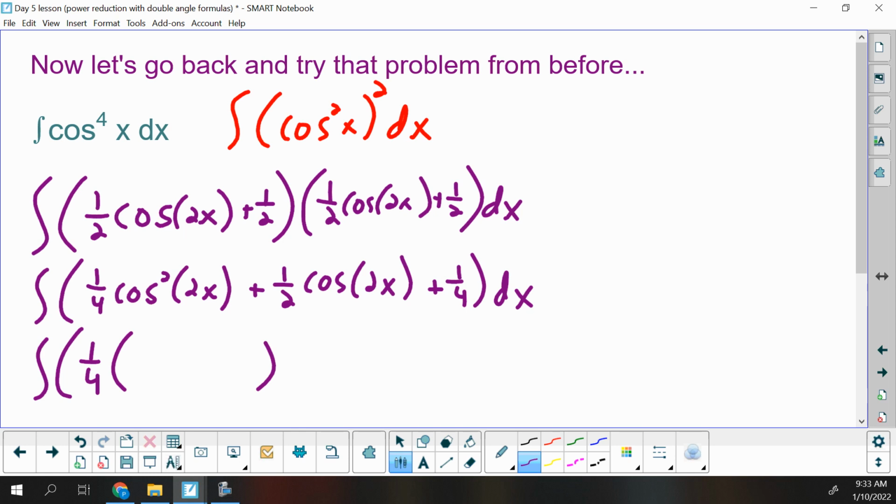So because we have cos squared 2x now, when we do our power reduction here, we're going to have 1/4 cos, the inside gets doubled so we have 4x now, and then our plus 1/2. Then we'll just carry everything else over.